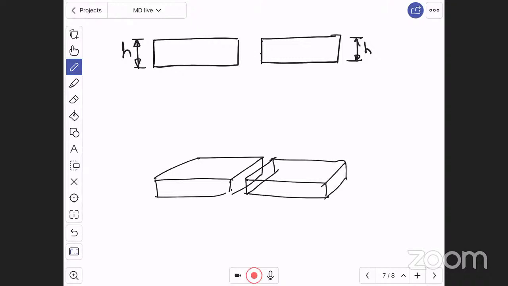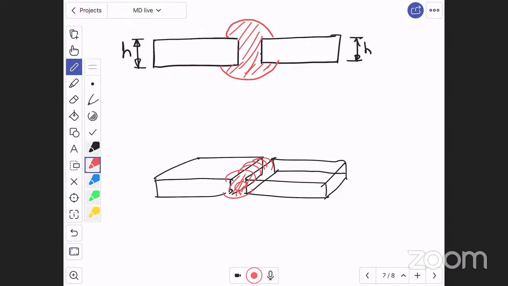There is a gap between the first plate and the second plate, and in this gap we are providing welding, like this.